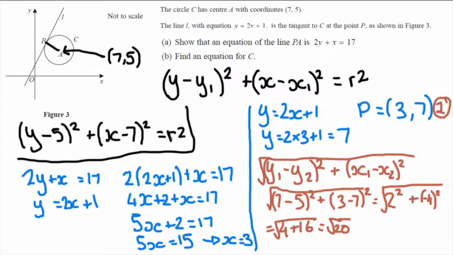So plugging that into here, we write that r squared is obviously the radius squared, so it'll be 20. So the final equation of the circle will be y minus 5 squared plus x minus 7 squared equals 20.